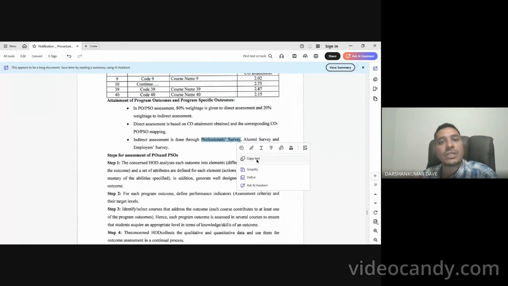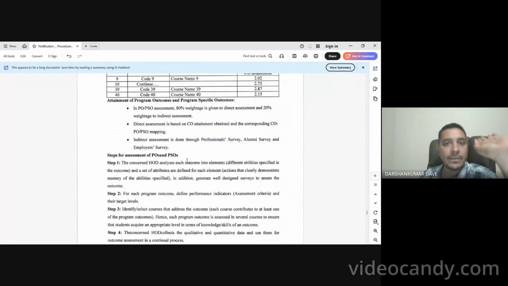Based on our explanation, he or she may respond whether the said program outcomes are achievable or not. That is also considered as your indirect assessment. Is that clear?